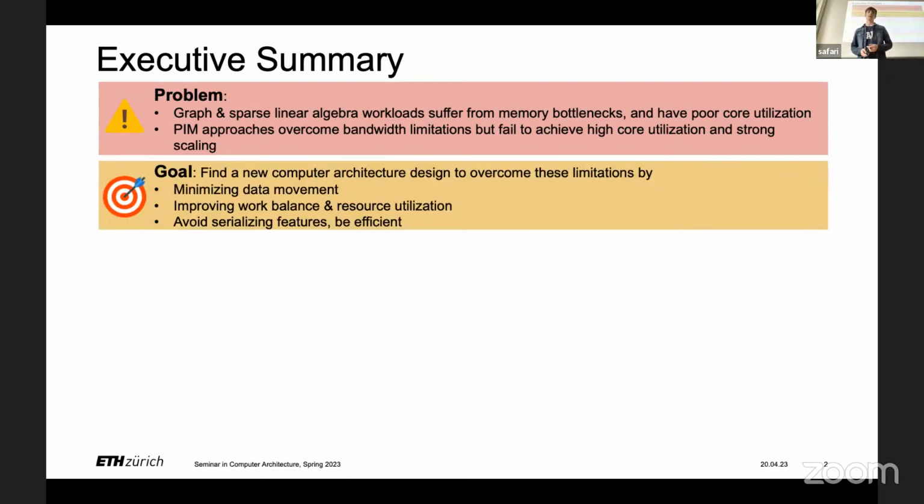So the goal is to find a new computer architecture design to overcome these limitations by minimizing data movement, also improving work balance and resource utilization, and also avoiding serializing features and being efficient.